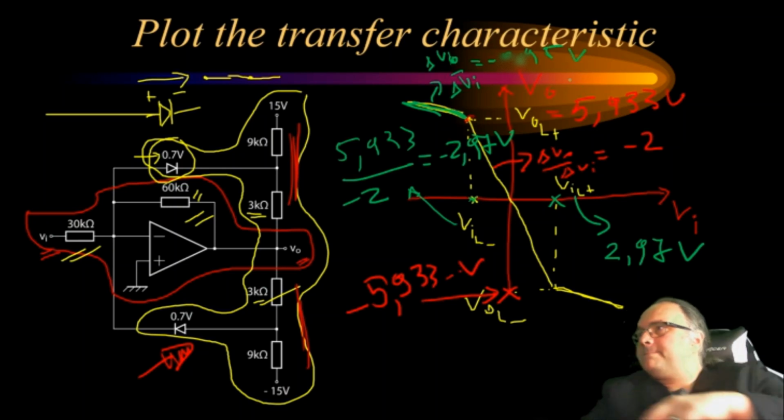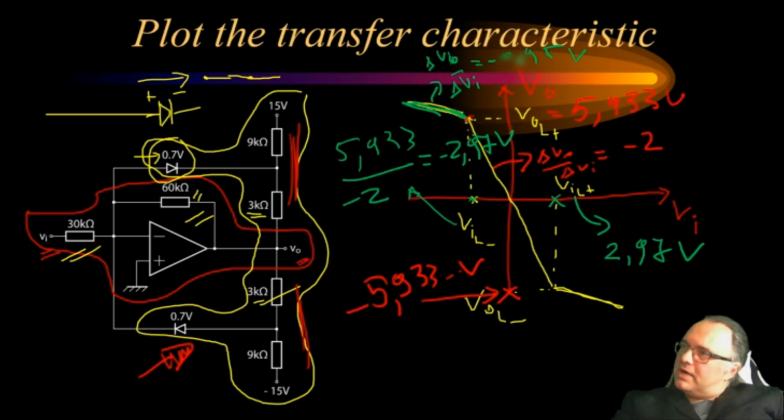So we have in the middle a high gain of minus 2, and then after these levels the gain drops to 0.95.